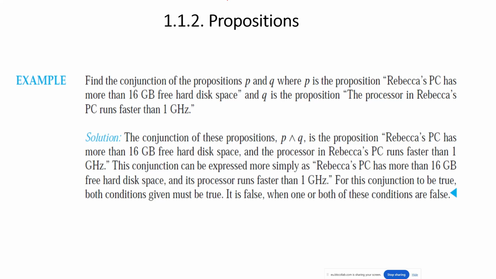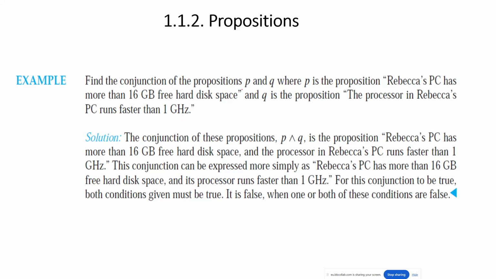Now, this is an example of using the conjunction. Find the conjunction of the propositions P and Q, where P is Rebecca's PC has more than 16 GB free hard drive space, and Q is the proposition the processor in Rebecca's PC runs faster than 1 gigahertz.